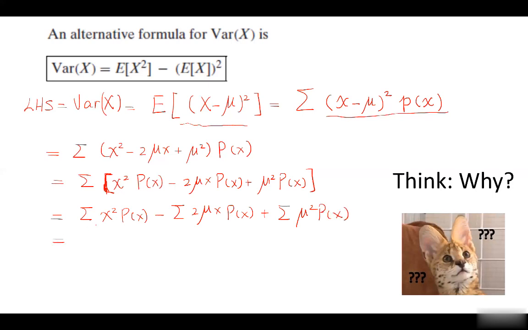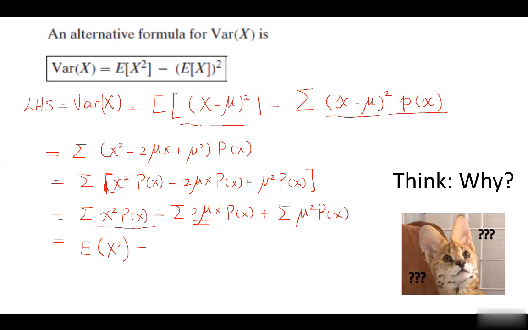Okay, so what is the first part? X squared is a value, right? For each value of x squared times its corresponding probability and then sum. According to the definition, this is actually the expected value of the variable X squared, right? How about the second part? Remember that mu is actually a number, right?